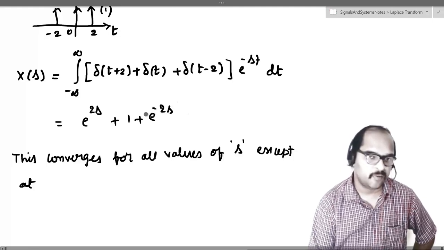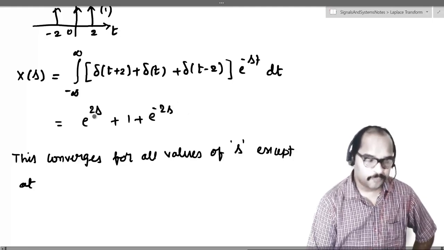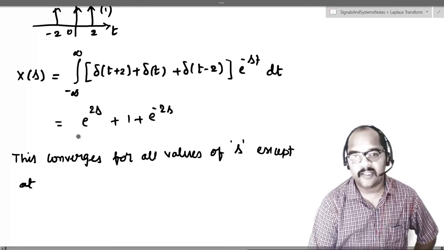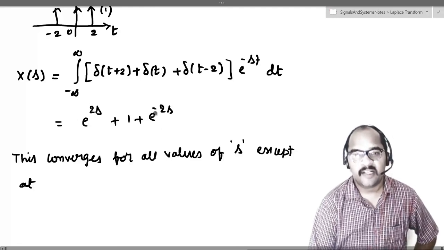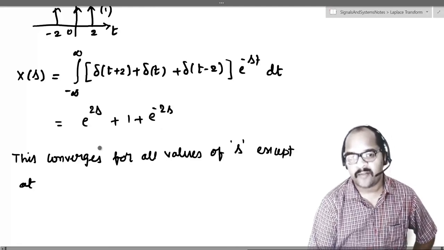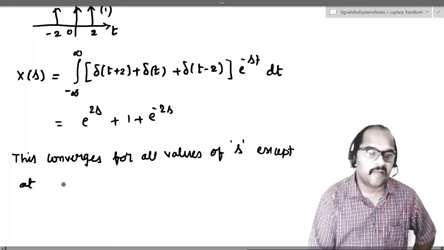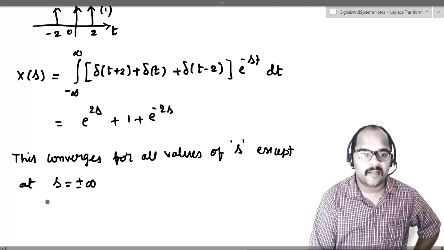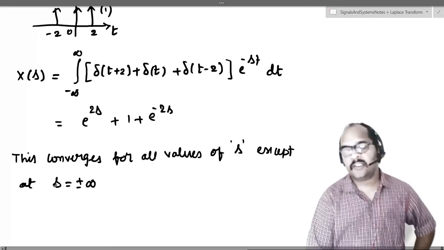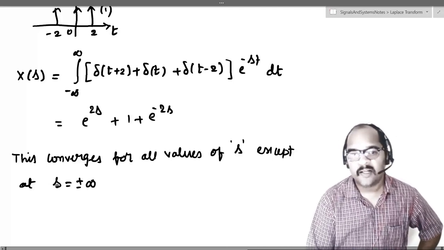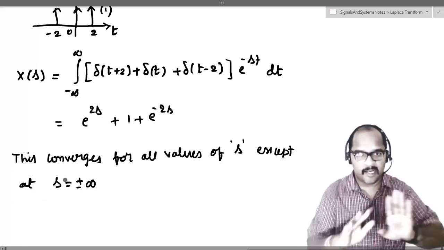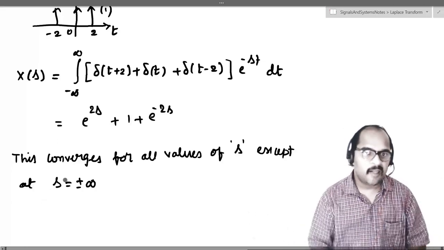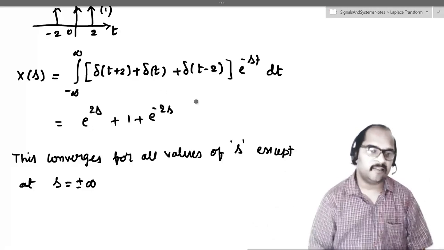So we have to exclude that. When s equals plus infinity, one term will become infinity and the other will become 0. So we have to exclude that also. So where should we exclude? Except at s equal to plus or minus infinity. So these two we should not consider for the region of convergence. So the ROC is the entire S plane except at minus infinity and plus infinity.